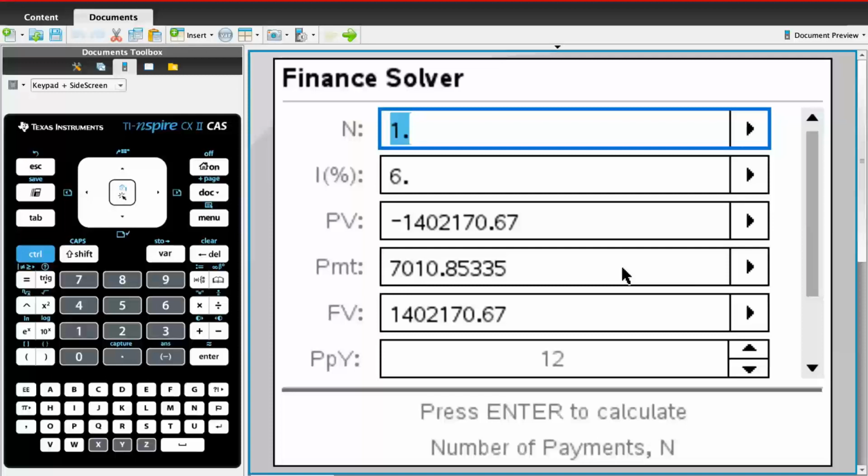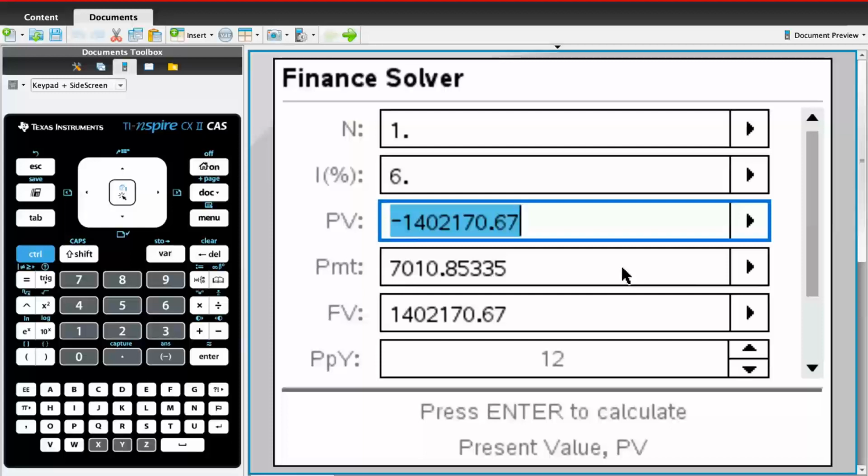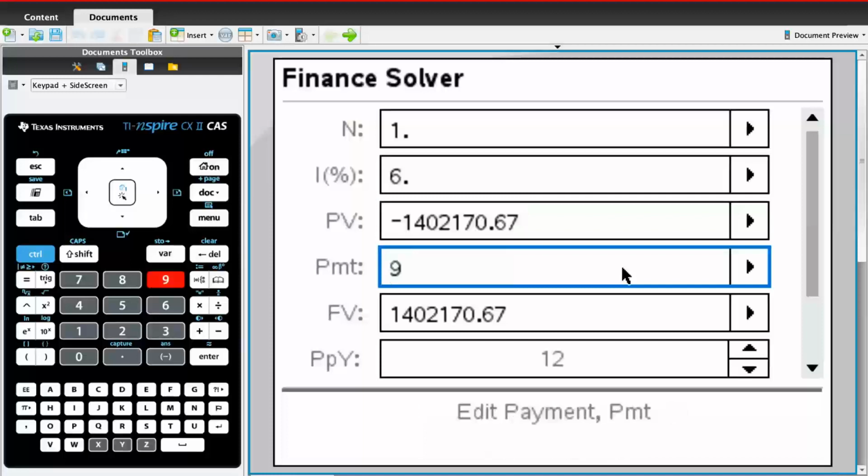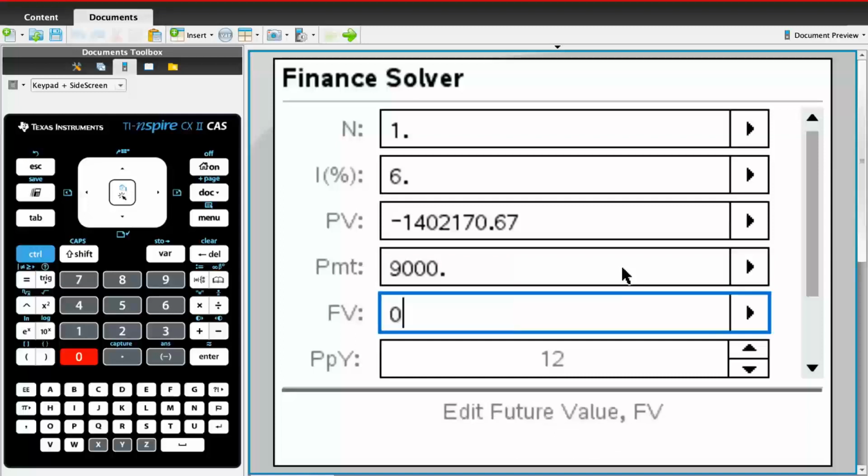In this annuity scenario, the interest rate is still that, and that is the amount that he did put into the retirement fund. We're saying that we want it to be 9,000 as a monthly payment, and the future value should be 0. So we want to know for how long he can get $9,000 without zeroing his retirement fund.